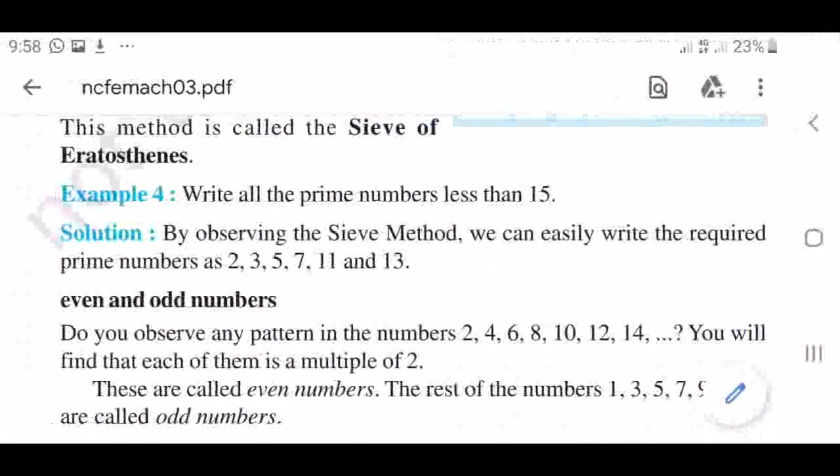Then write a question. Write all the prime numbers less than 15.